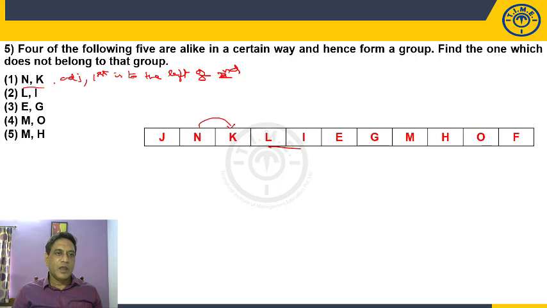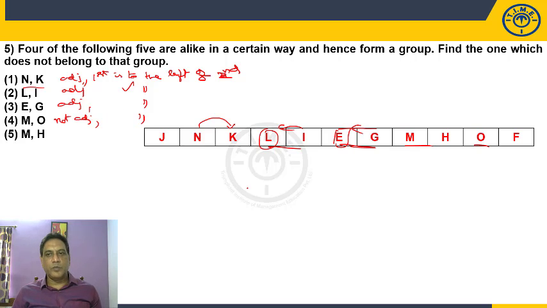LI: adjacent and the first person is left of the second person. This is the same. EG: adjacent and the first person is to the left of the second person. MO: not adjacent, but the first person is left of the second person.